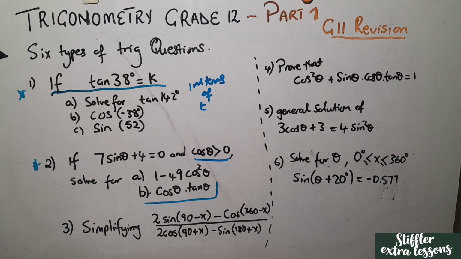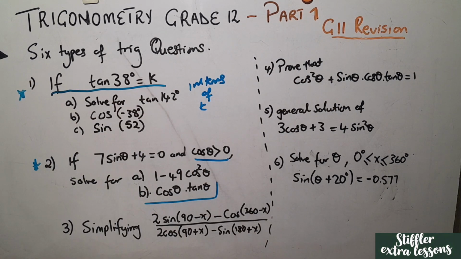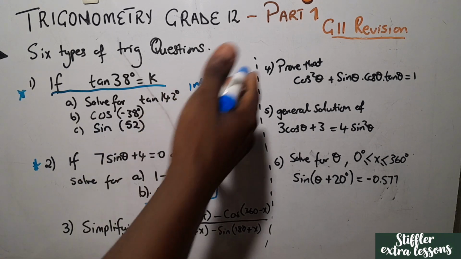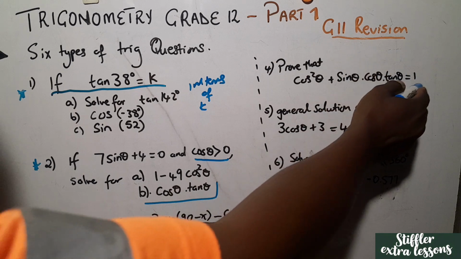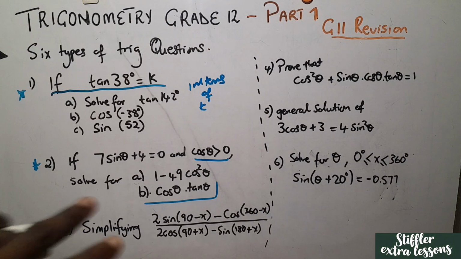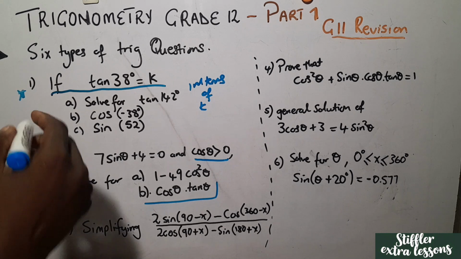Simplifying and proving are more like the same thing. Just that on simplifying, you don't have the answer that you are working to, but in prove that, you have the final answer that you must prove to. But they are actually the same. You work them using the same methods. They can come in different types, but they're the same.